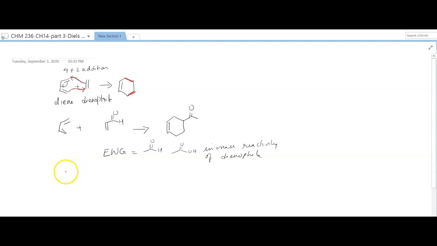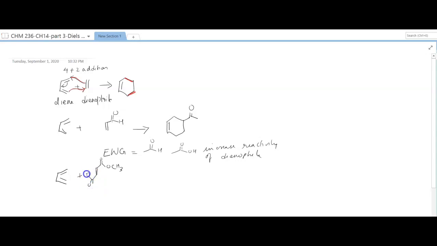So if you have another example, keeping the diene the same, let's change the group here to an ester, but now I have another ester group here, which is also a carbonyl.